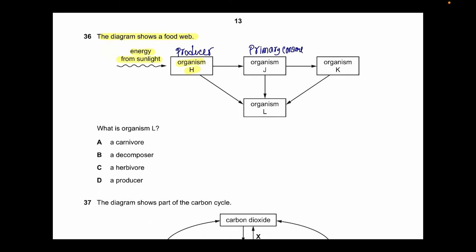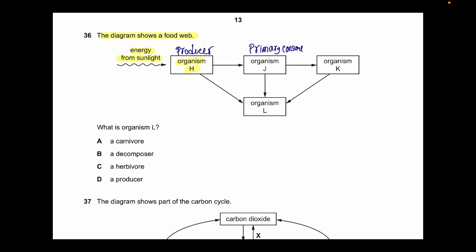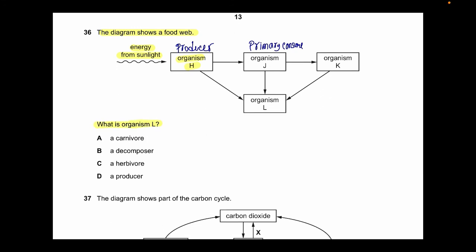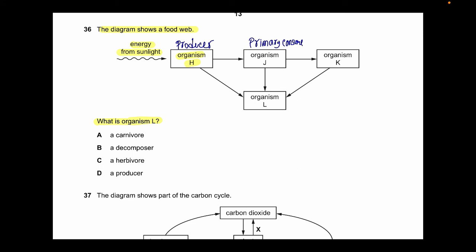So organism L is also a tertiary consumer. What is organism L? Since organism L is consuming from all different levels, it must be a decomposer. A decomposer decomposes organisms from all different levels. So decomposer.